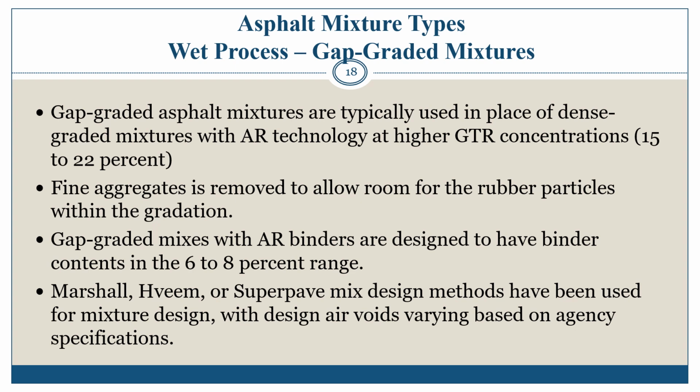Open graded asphalt mixtures are more common with wet process GTR modified asphalt binder, particularly with the asphalt rubber technology. A common test for open graded friction courses and stone matrix asphalt is binder drain down, to ensure that binder does not flow off the aggregate during normal production, placement, and compaction.